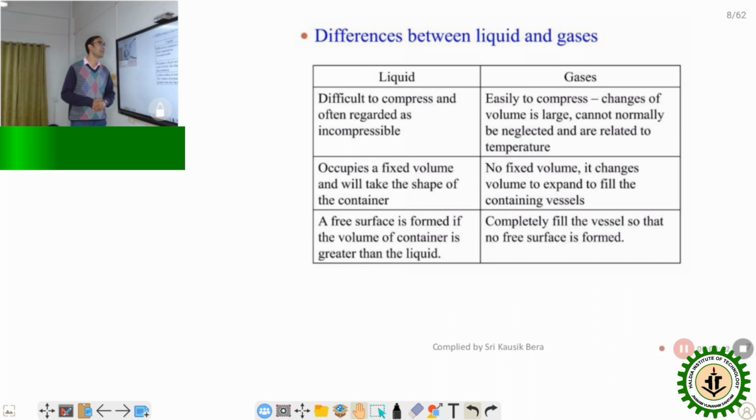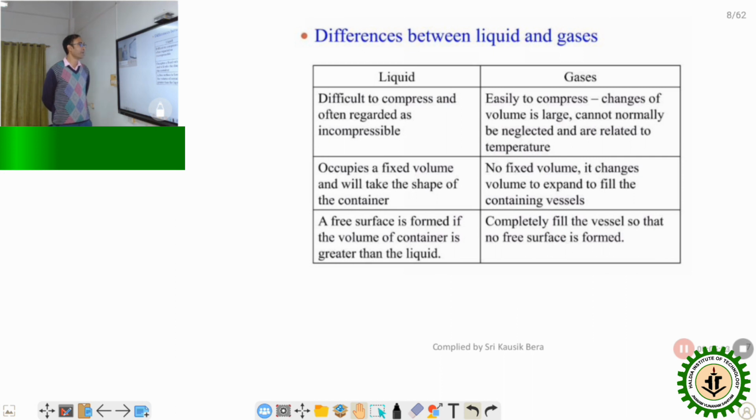So what are the basic differences between liquids and gases? Liquids are difficult to compress and are often regarded as incompressible, whereas gases are easily compressed, change volume greatly, and this cannot normally be neglected and is related to temperature.